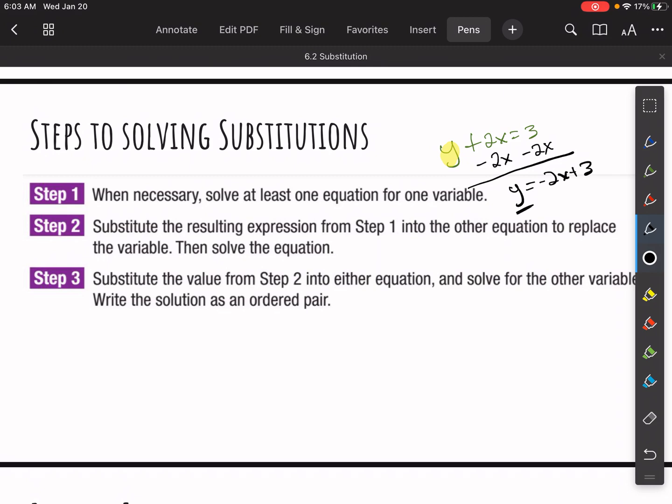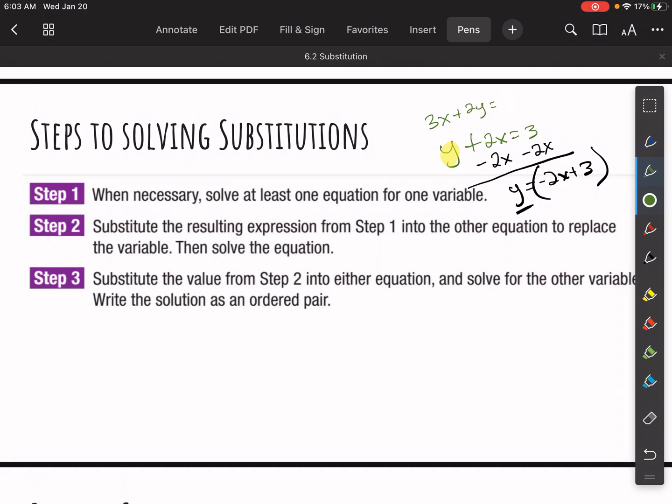That's step 1. Step 2 then is we're going to take the resulting expression from step 1, this guy in parentheses, and replace that variable in the second equation. Say originally we had another equation that was 3x plus 2y is equal to 3.